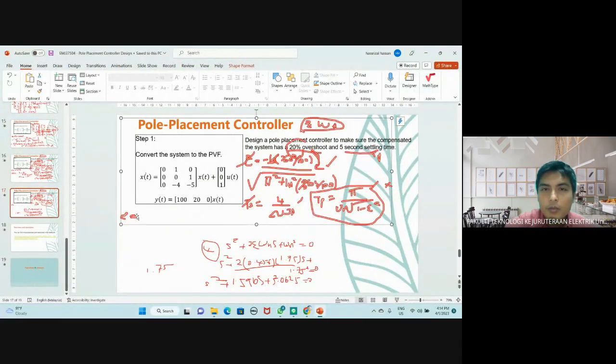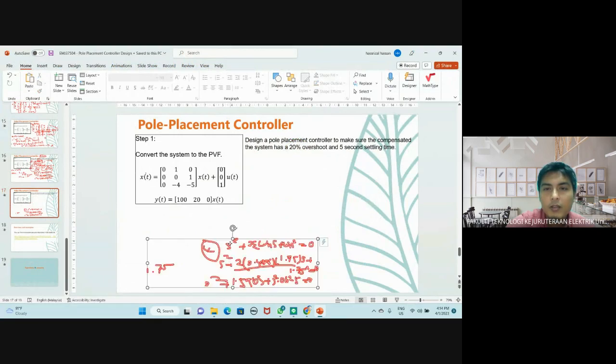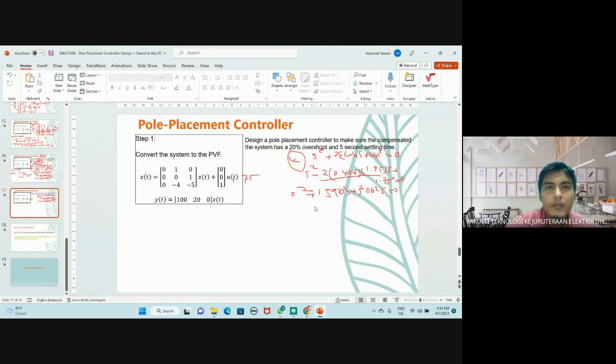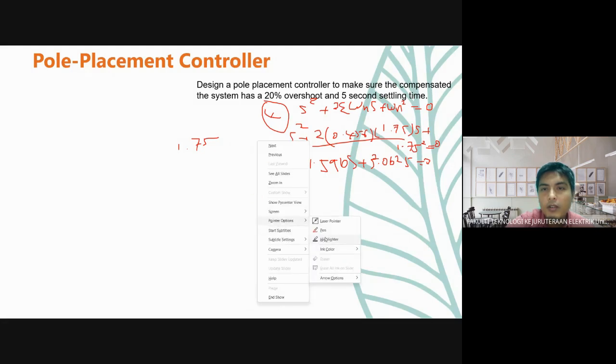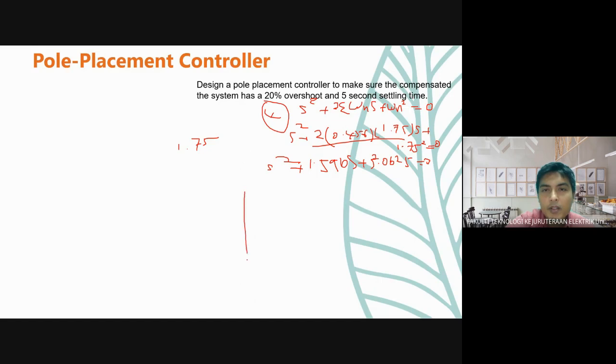So this one, I just put it away. According to the steps that we obtained before, we have two pieces of information. S square plus 1.596 s plus 3.0625 equal to 0 when we calculate at the right hand side.